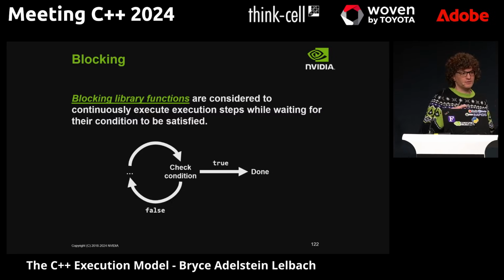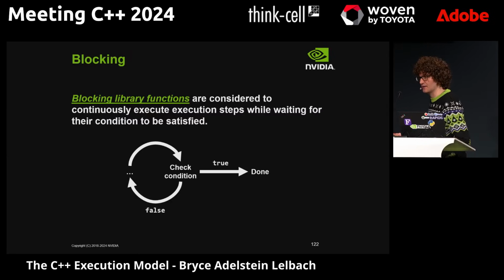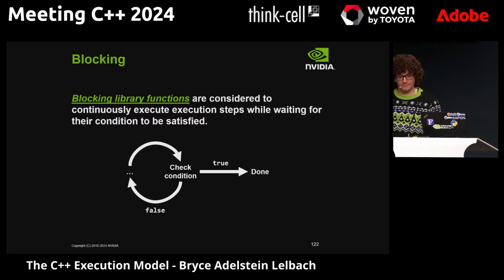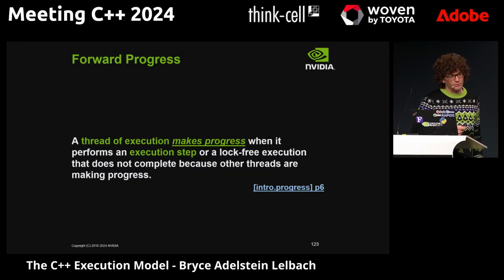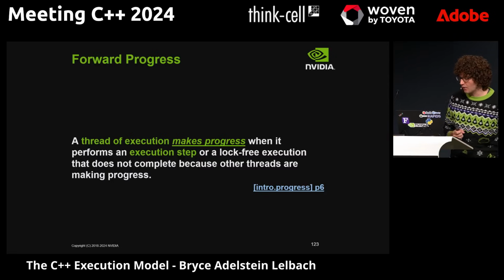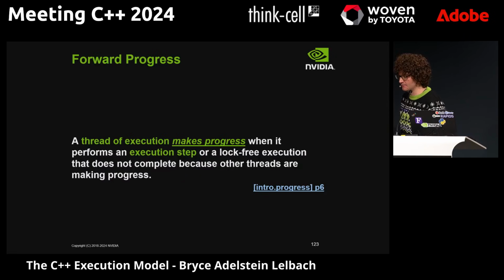So the idea is that one of those things will eventually satisfy your condition because you're communicating with other threads. So a thread of execution makes progress when it performs an execution step or a lock-free execution that does not complete because other threads are making progress.